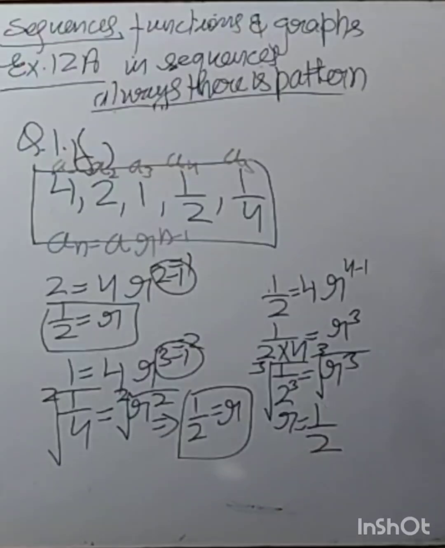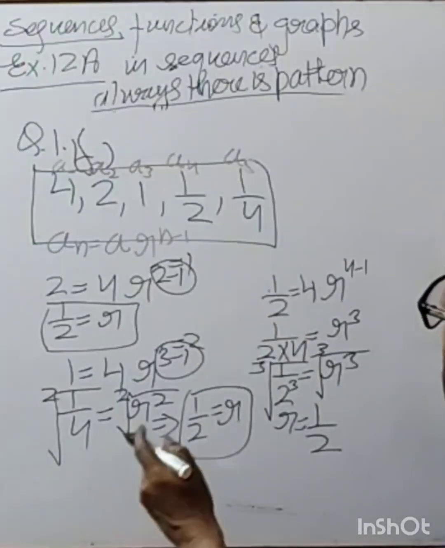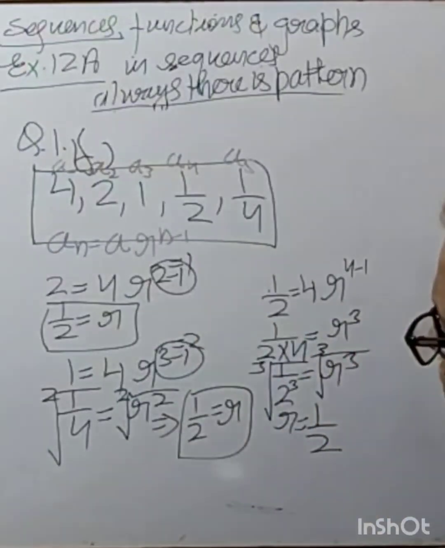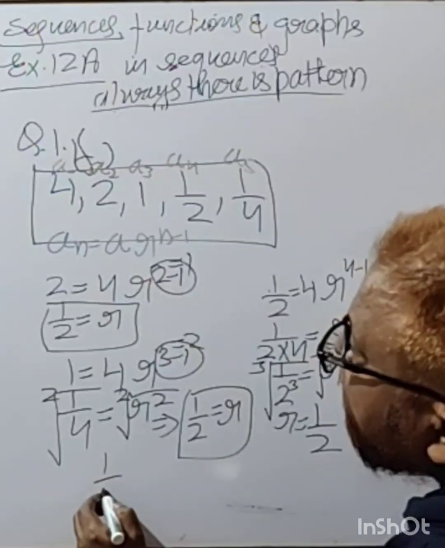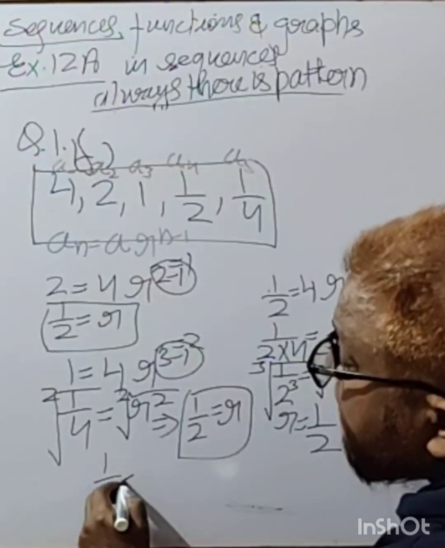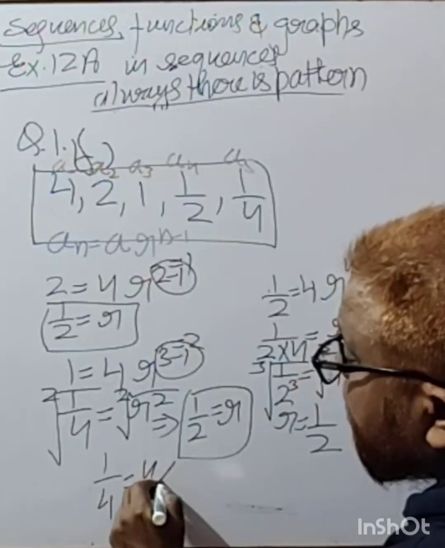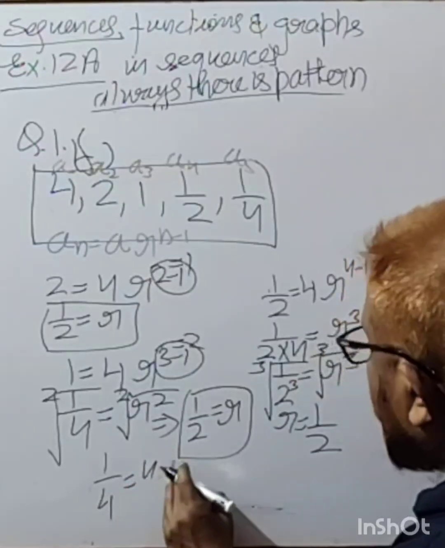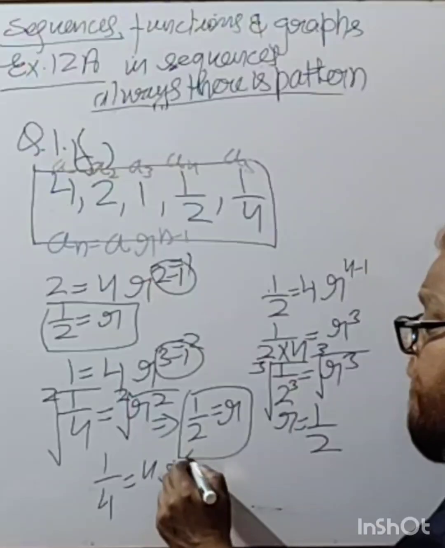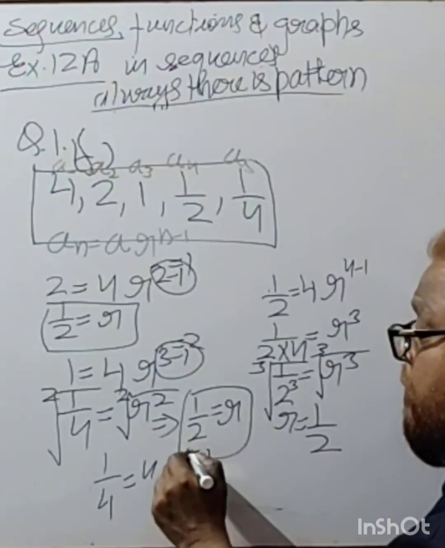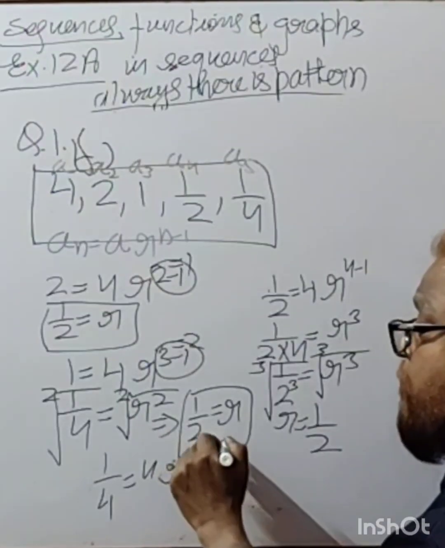You get this? Now we have 1 upon 4 is equal to 4 into r raised to the power 5 minus 1. That is equal to 4.